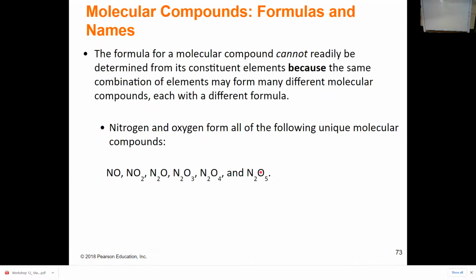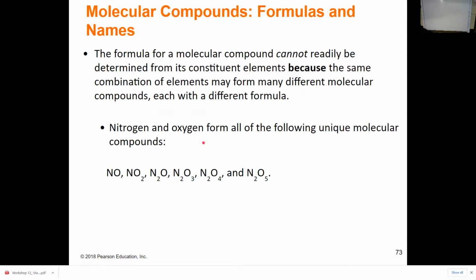So we are basically going to look at a compound, and if it consists only of nonmetals, that's how we will know it's a molecular compound. Okay? Molecular compounds don't combine based on charge the way ionic compounds do.